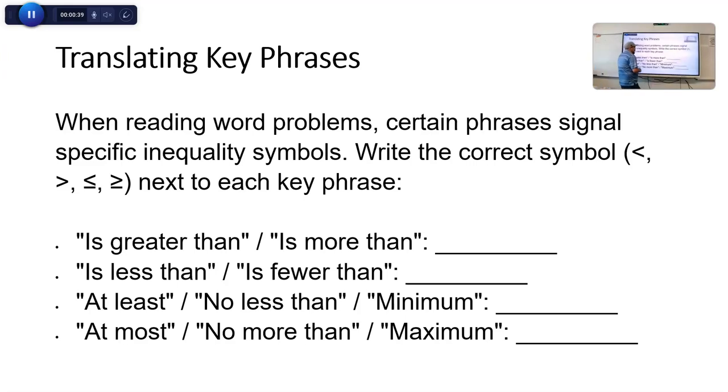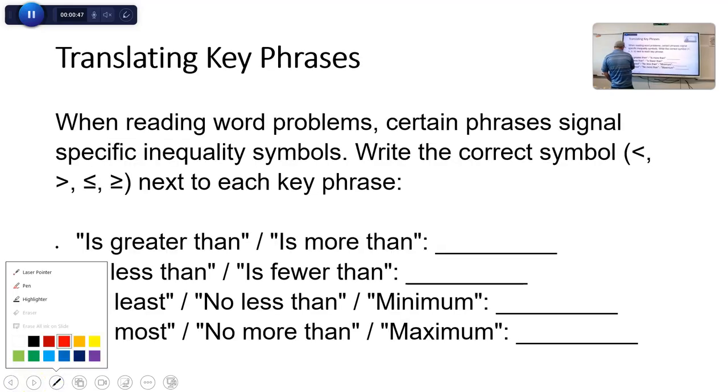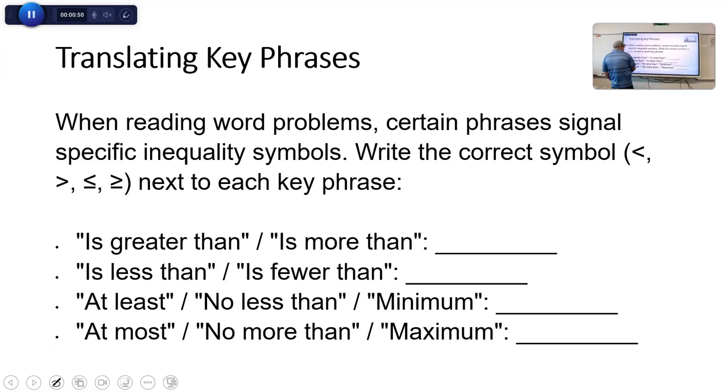If you see something that says is greater than or is more than, then I would say greater than is a greater than sign. If you see is less than or is fewer than, we're going to use a less than sign.